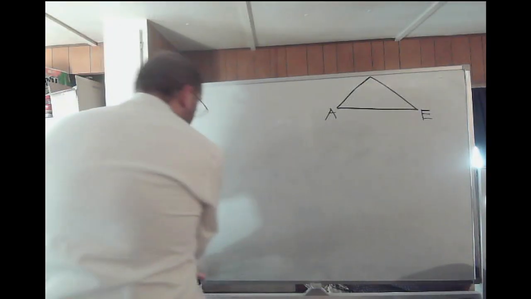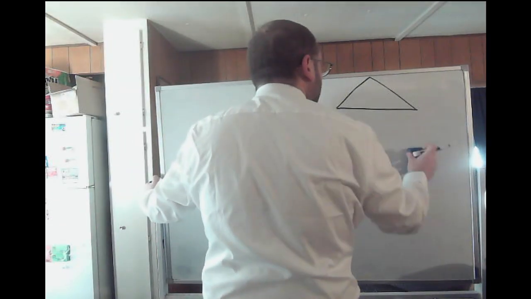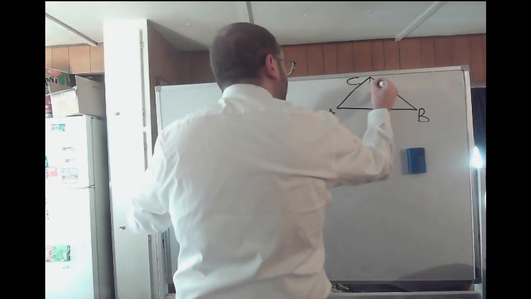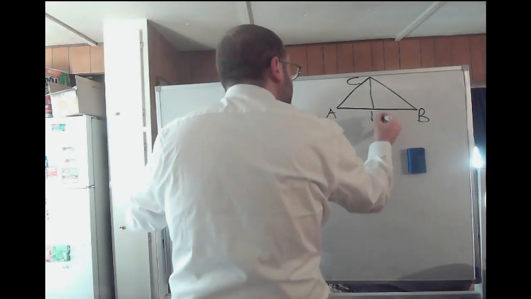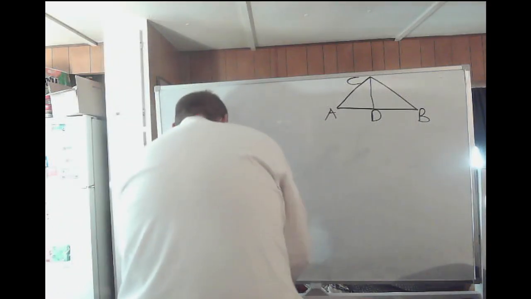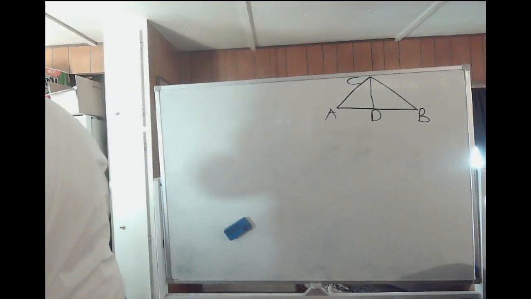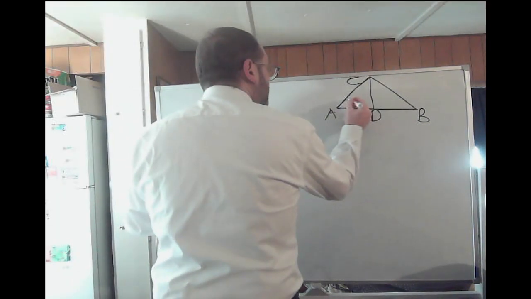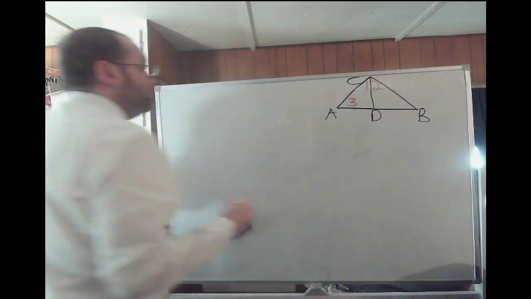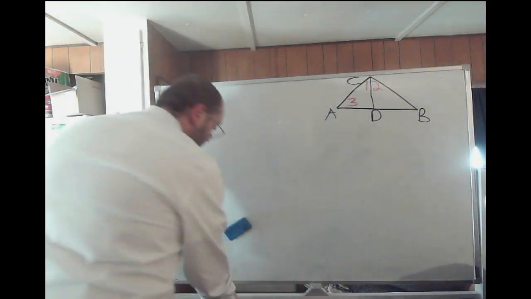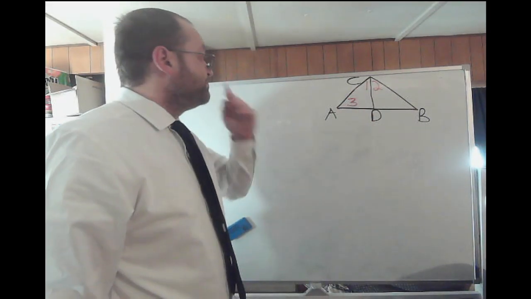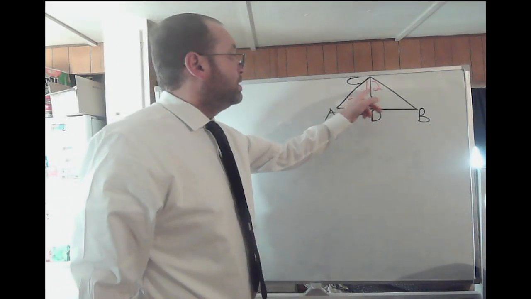Oops, that's B. Here's C. Here's D. Okay. So here, let's see, we have angle 3, angle 1, and angle 2. All right. So we have a triangle here split into 2 with angles 3, 1, and 2.